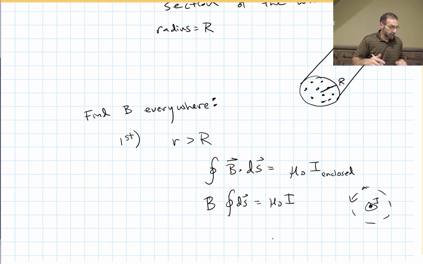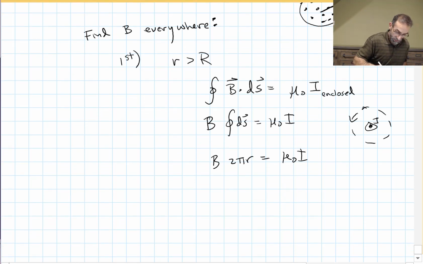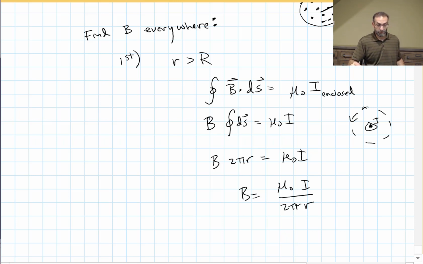So I'm just going to call it I. This is B times 2 pi R. And what do we get? We get B is mu naught I over 2 pi R. We're starting to get familiar with this equation now. We're seeing it a lot, right? B is mu naught I over 2 pi R when you're near a straight infinite wire.